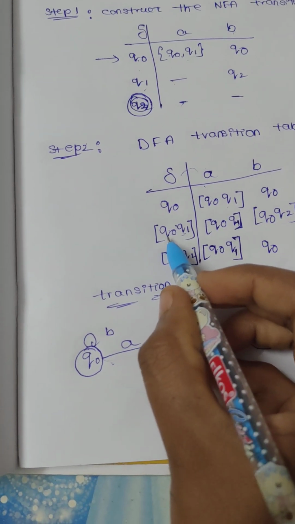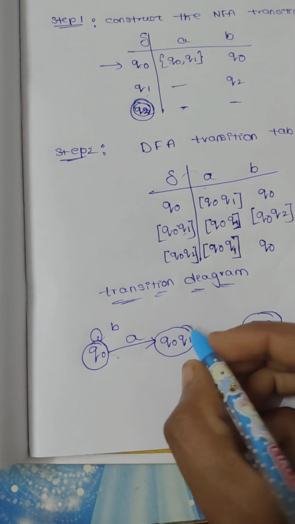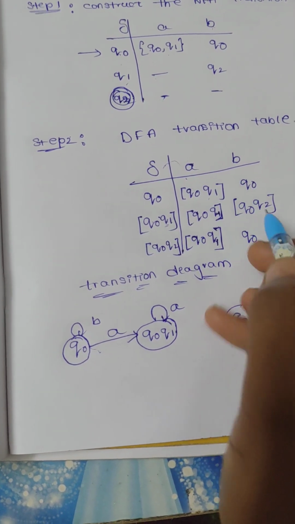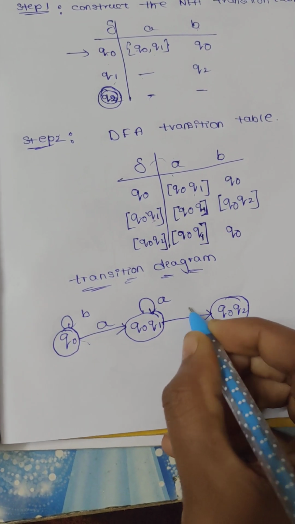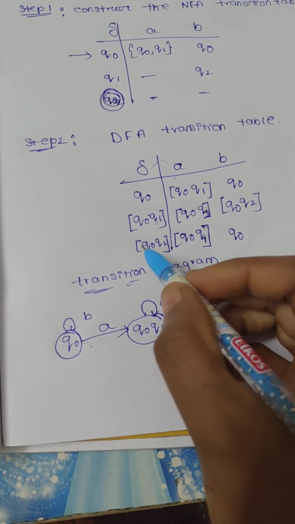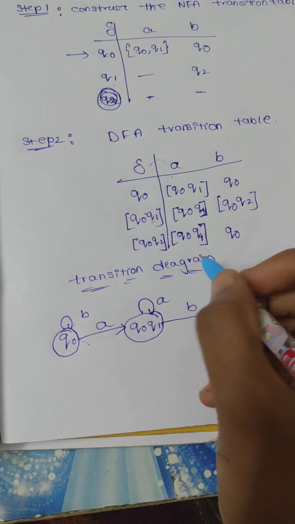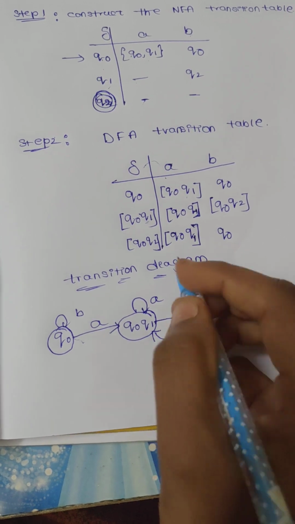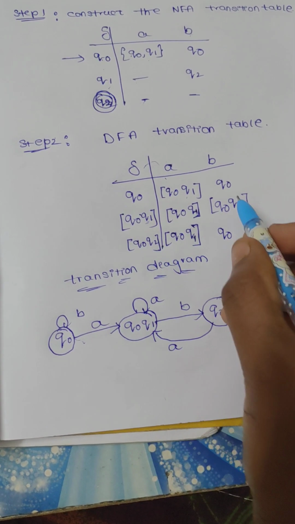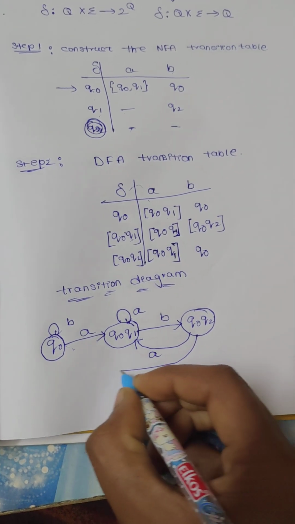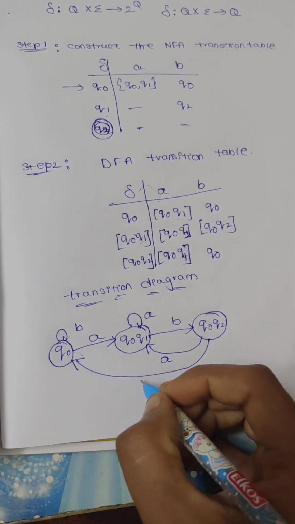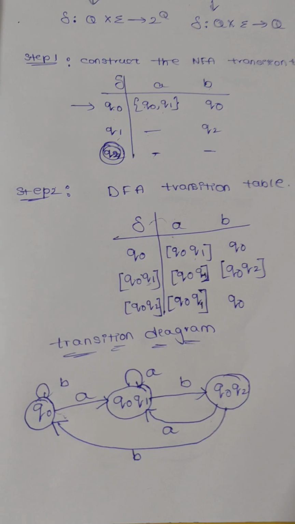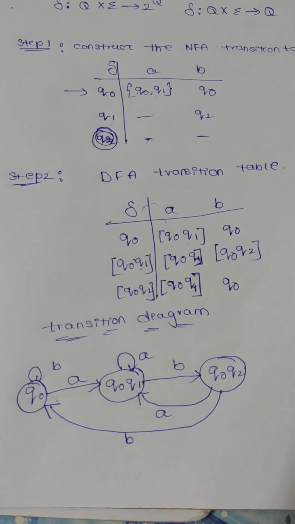Q0 Q1 on A goes to Q0 Q1, Q0 Q1 on B goes to Q0 Q2, and Q0 Q2 on A goes to Q0 Q1, and Q0 Q2 on B goes to Q0. So this is the transition diagram.